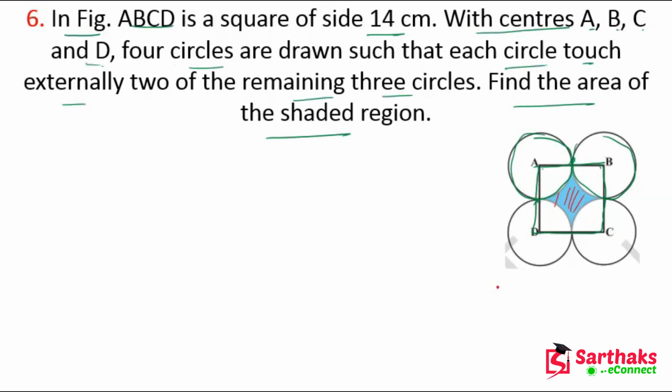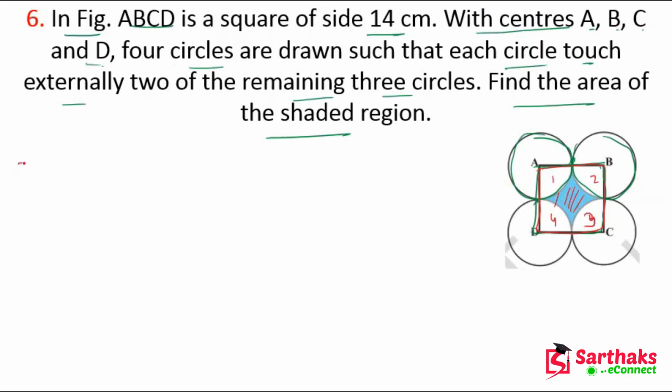So how can we find it? If we find the area of the square and subtract the area of these quadrants from the area of this square, we get the area of the shaded part.